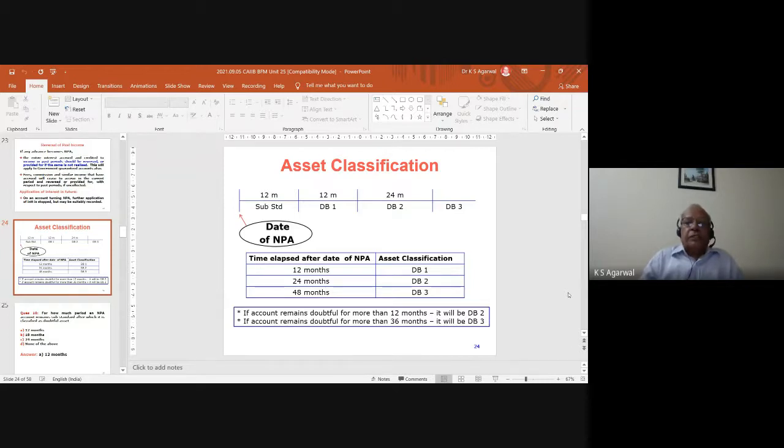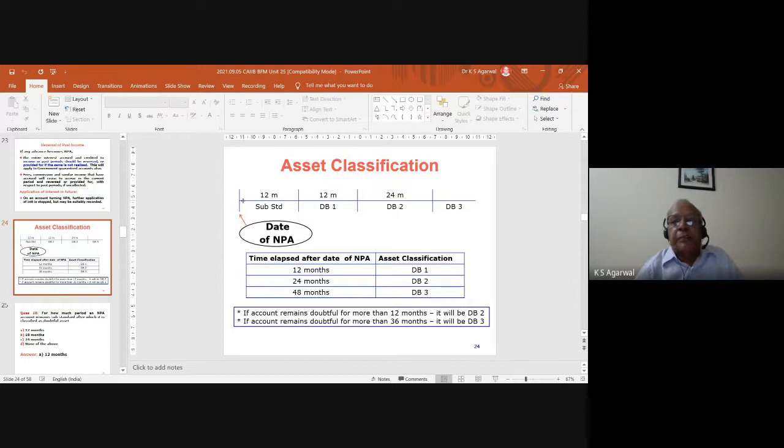Sometimes they ask a question like this: time elapsed after date of NPA. If 12 months have passed from date of NPA, then this will become DB1, right? If 24 months have passed from date of NPA, then it will become DB2.